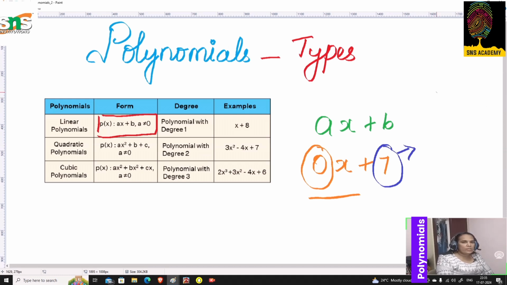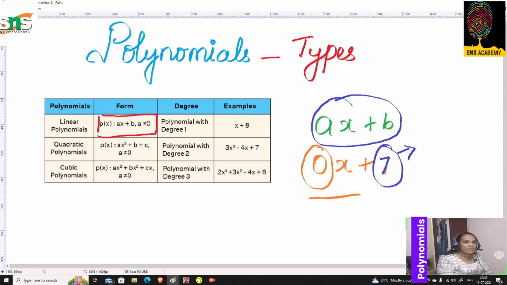For the constant term, there is no degree. Always we have to find the degree by using a variable, the power of the variable. So if a is equal to 0, for the constant term there is no variable. That's why we call it a constant term. The power of the constant term is 0, so totally it is not a linear polynomial.